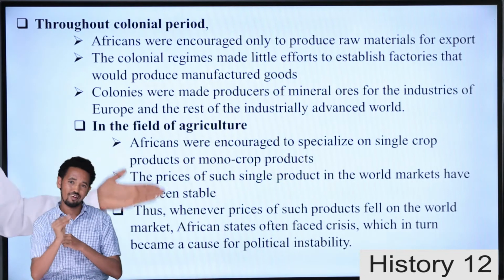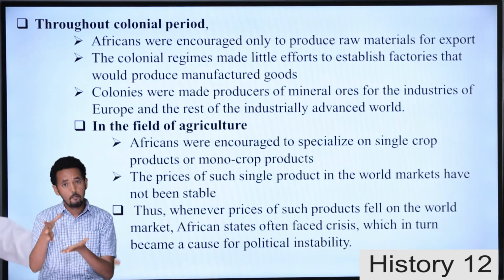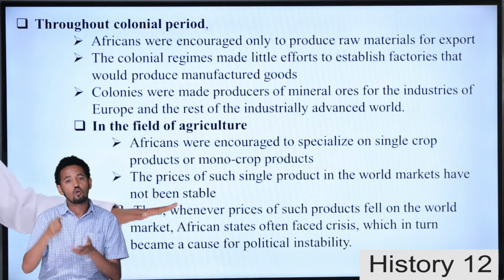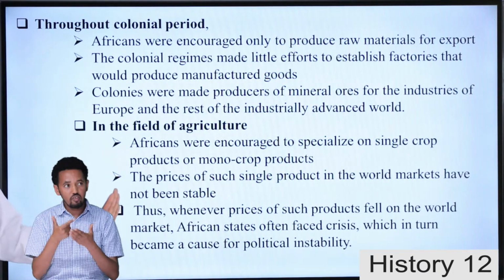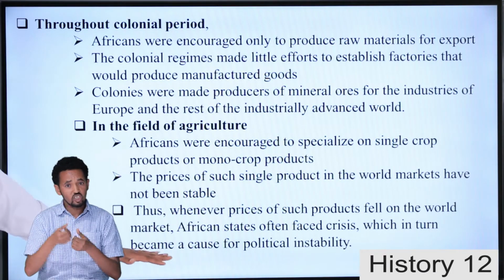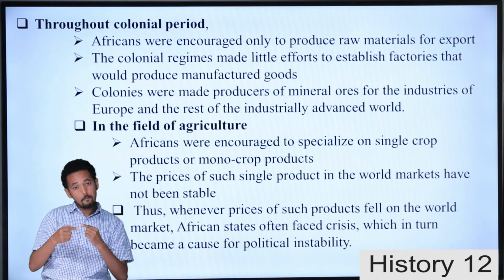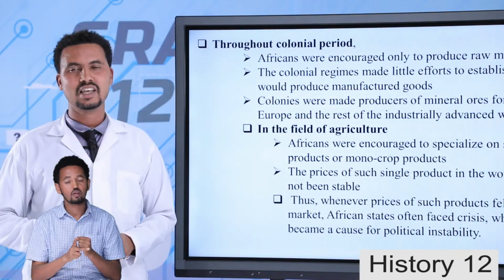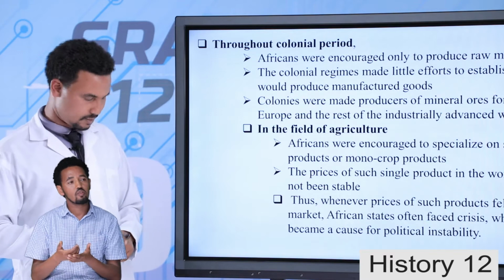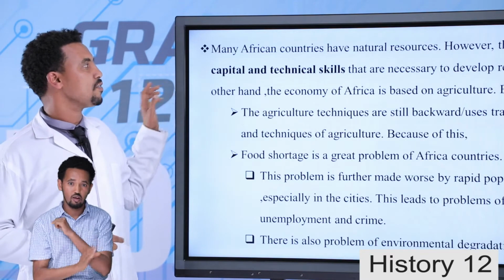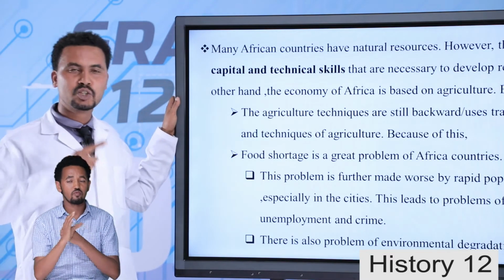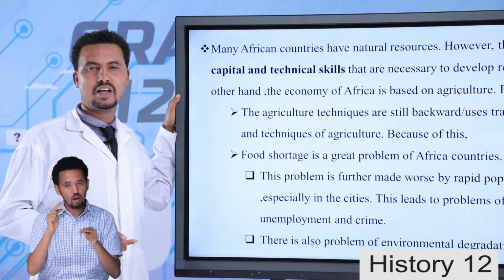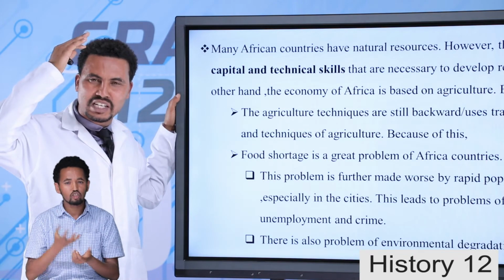Thus, whenever the price of such a product fell on the world market, African states often faced crisis, which in turn became a cause of political instability among the African countries. Many African countries have natural resources. Africa is rich in natural resources.